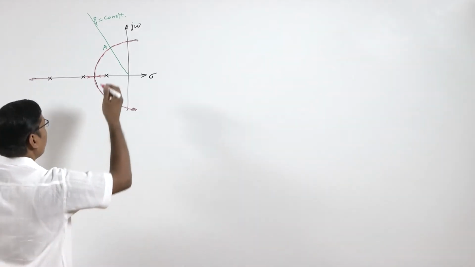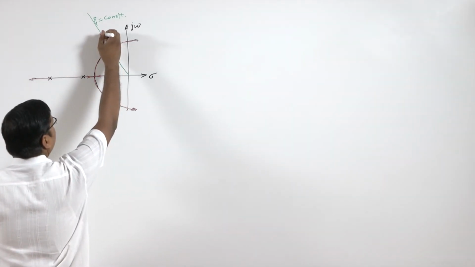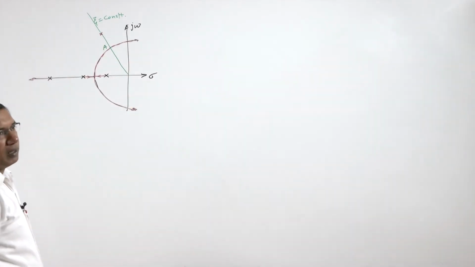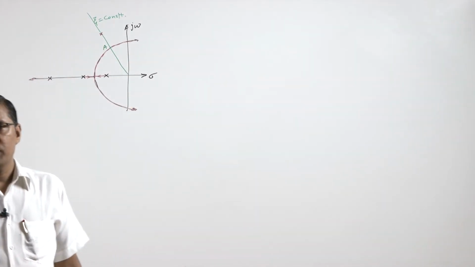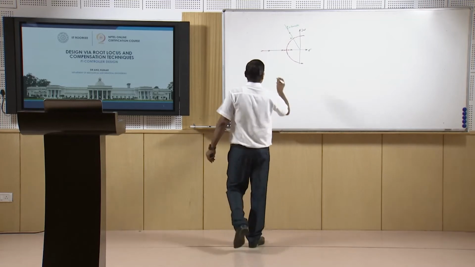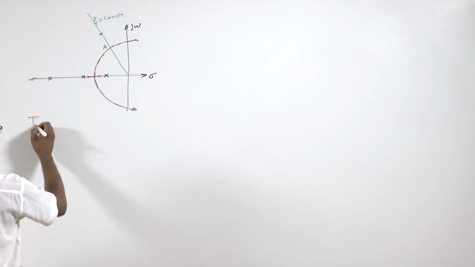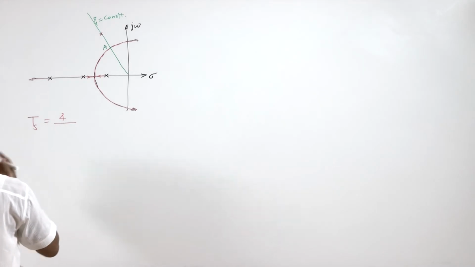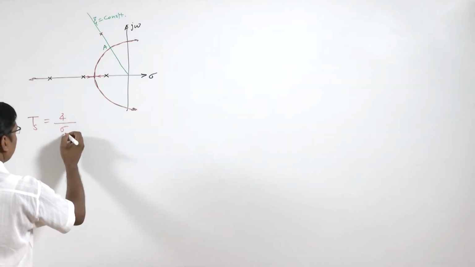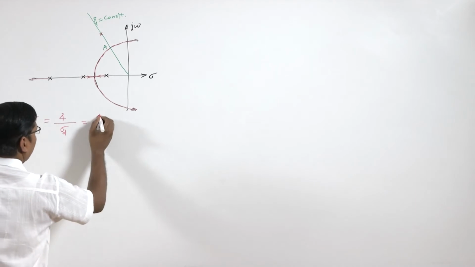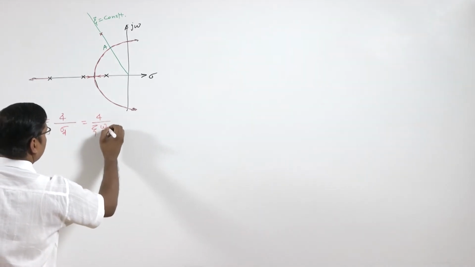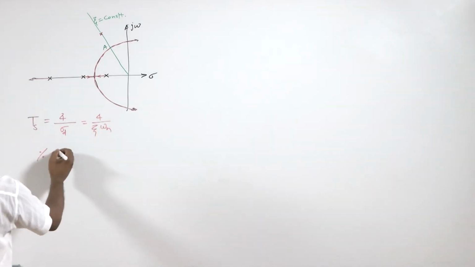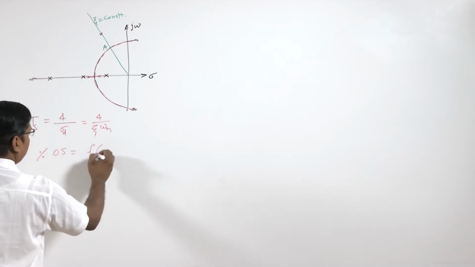Now, we are interested to keep the same damping, or we can say here the same settling time is 4 upon sigma d or 4 upon zeta omega n, and percentage overshoot is a function of damping.